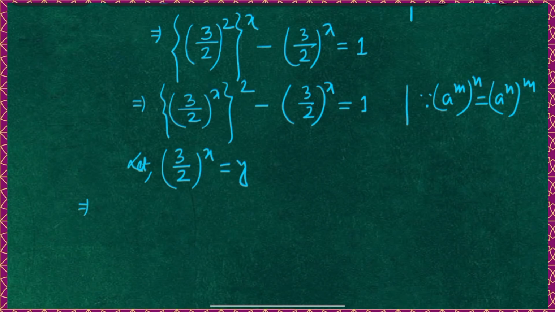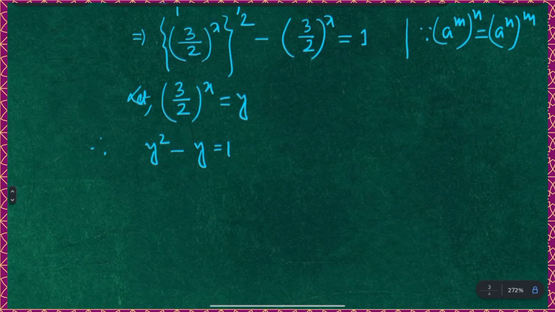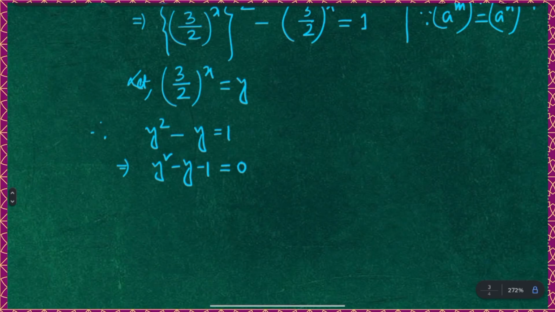Now the equation can be rewritten in the form y square minus y equals 1. That is y square minus y minus 1 equals 0. So this is a quadratic equation. Comparing with a x square plus b x plus c, we clearly get a equals 1, b equals minus 1, and c is also minus 1.